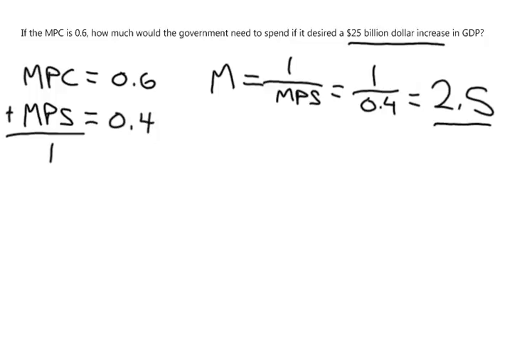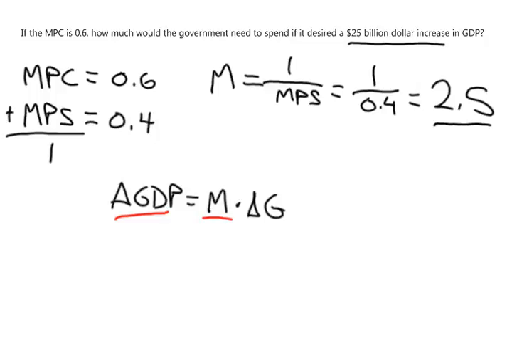So, to do this, we need to remember that a change in GDP is equal to the multiplier times, in this case, our change in government spending. Well, we know this, and we know this, so let's just use some math to work out and find our change in government spending.